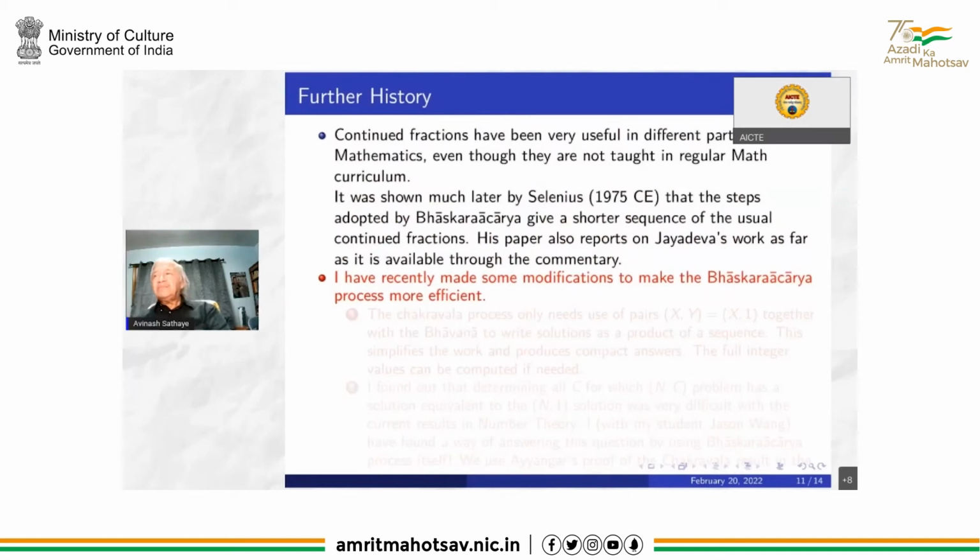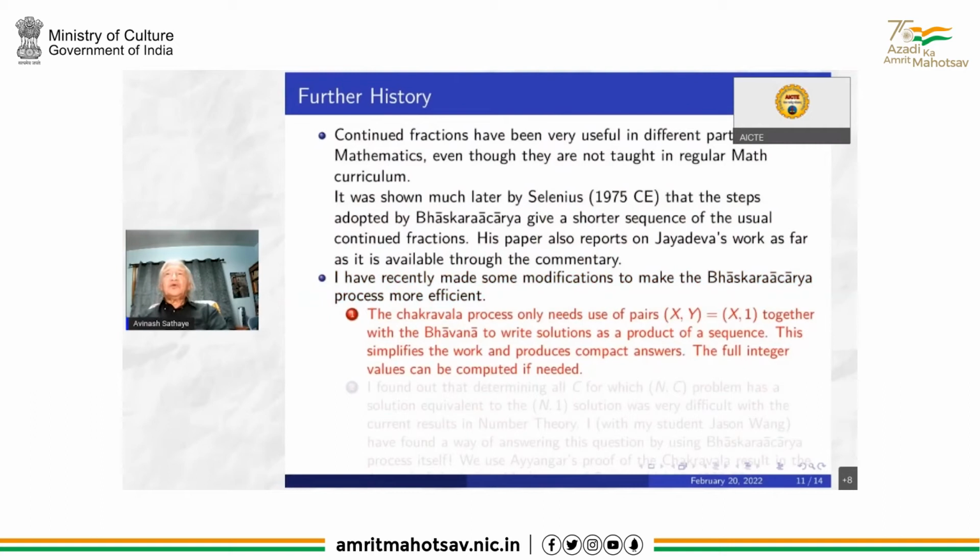I have recently made some modifications to make the Bhaskaracharya process more efficient. The Chakravala process only needs the use of pairs (x, y), where x comma 1 simply means y equal to 1. You can always take y equal to 1 for developing the answer, together with a process called bhavana, which is a multiplication process. This simplifies the work and produces compact answers.